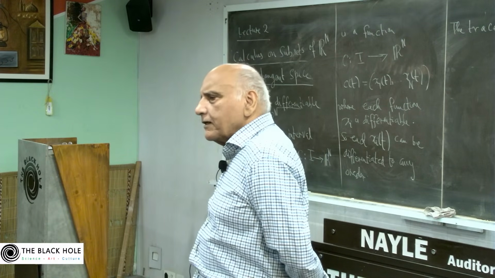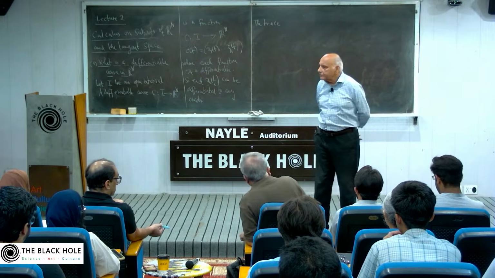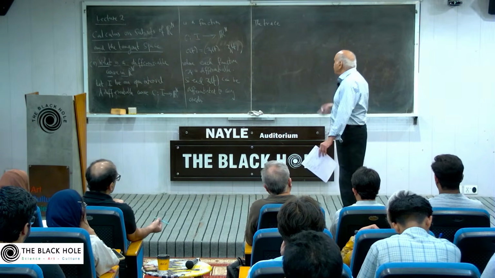S is just a number in that open interval I. Maybe you use S because of arc length, a natural parameter. But here t doesn't have to be arc length. You can always reparameterize a curve, but we don't need it.